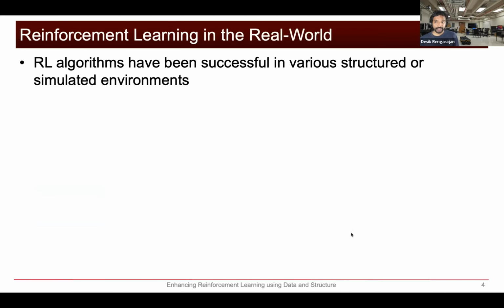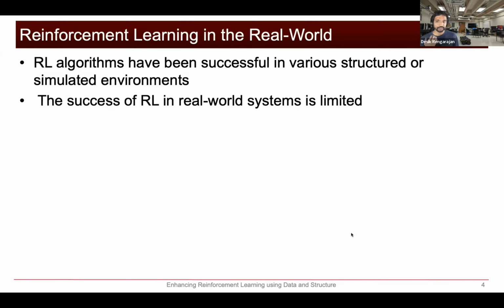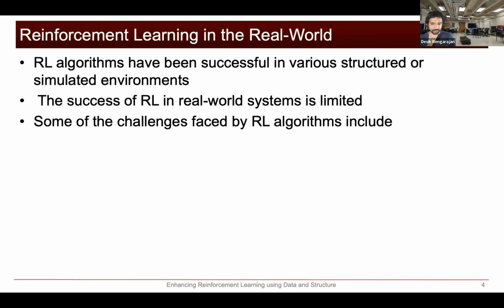Reinforcement learning algorithms have been pretty successful in these scenarios, but this has mainly been limited to structured or very simulated environments. The success of reinforcement learning algorithms in the real world is pretty limited. That is, there are no wide-scale real-world deployments of reinforcement learning algorithms. This is mainly due to some challenges that they face.